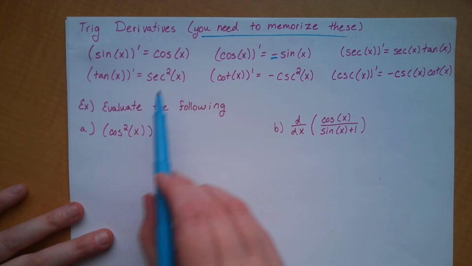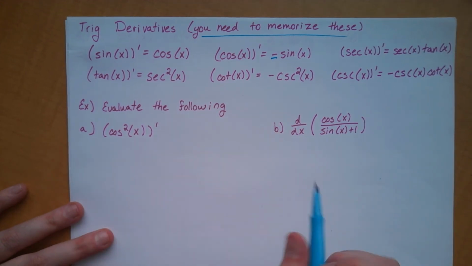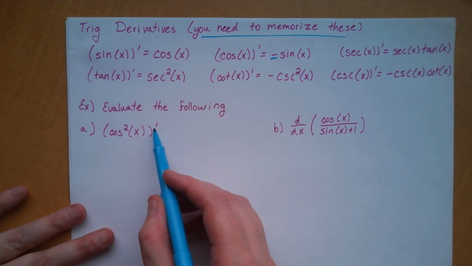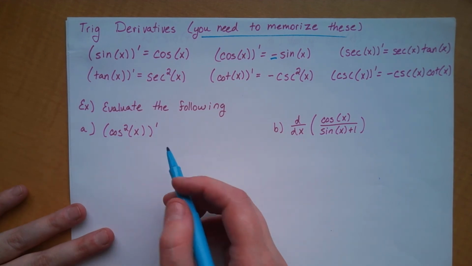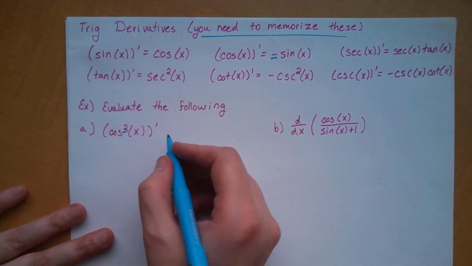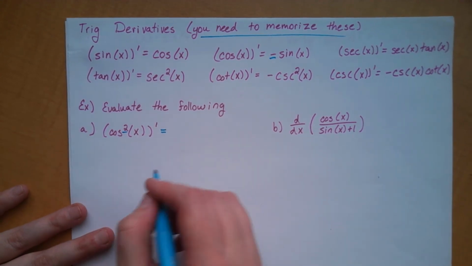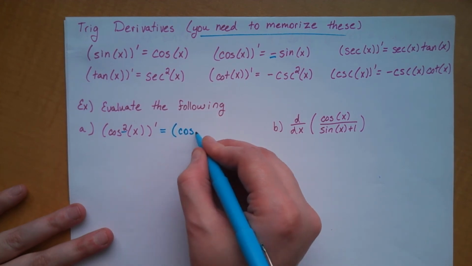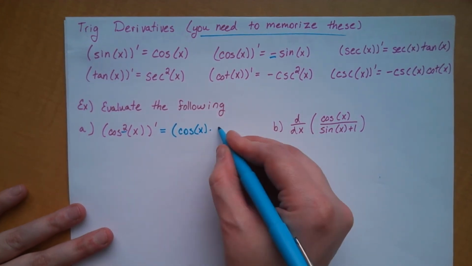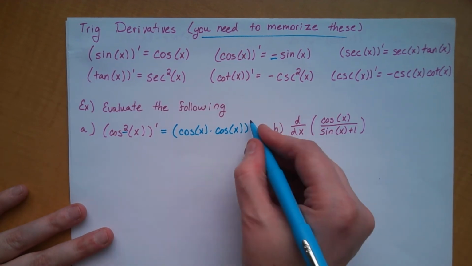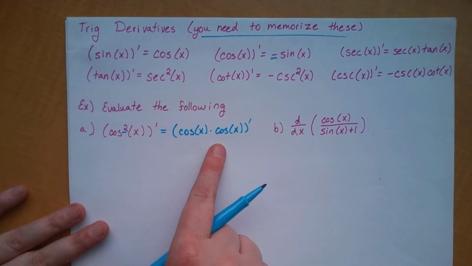So let's use these rules to evaluate the following. So here we have cosine squared of x, and we want to take the derivative. Well, we haven't really talked about how to take the derivative when we have a power, but what I can do is I can rewrite this as the derivative of cosine of x times cosine of x. And what I can use now to find this derivative is the product rule.